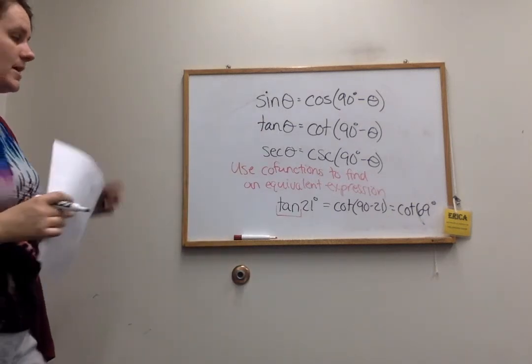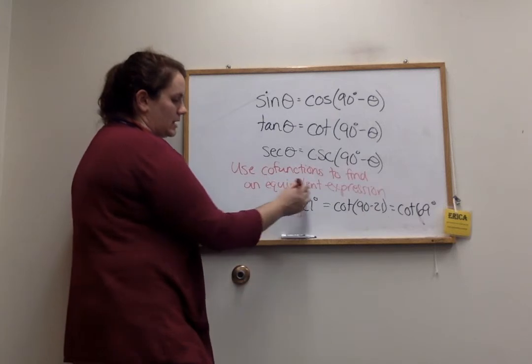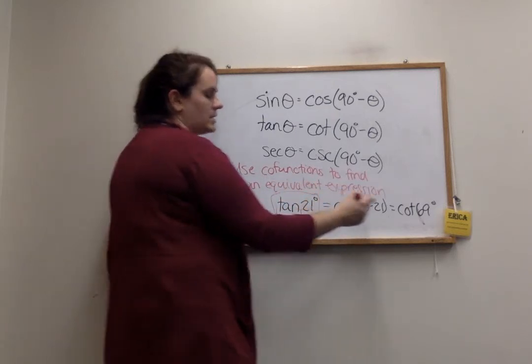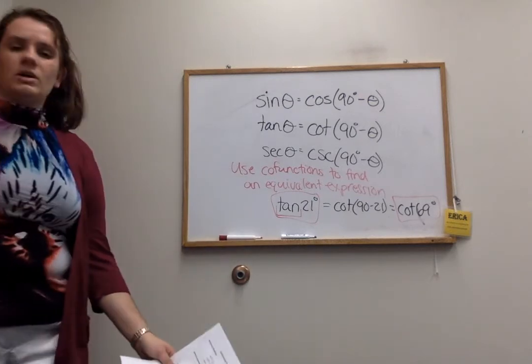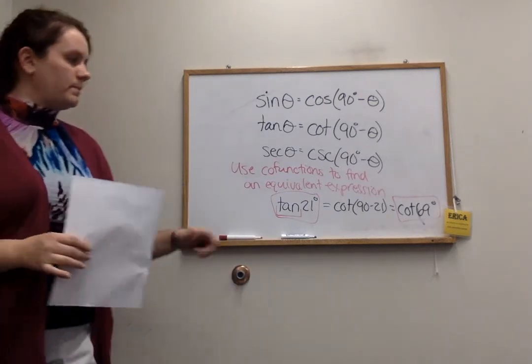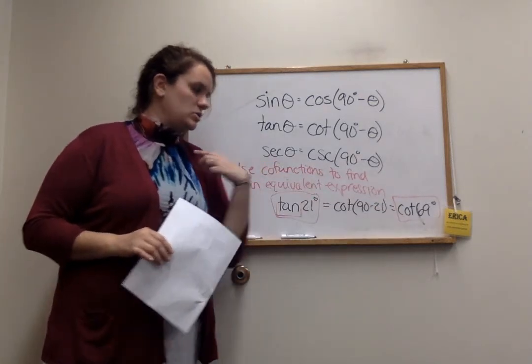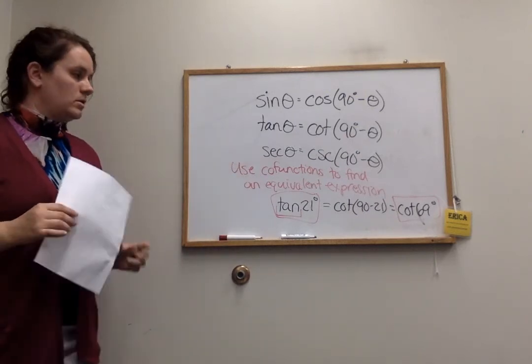So basically what that is saying is if you find the tangent of 21, that is going to be equal to the cotangent of 69 degrees. And you could plug both of those values into your calculator and you should get the same answer.